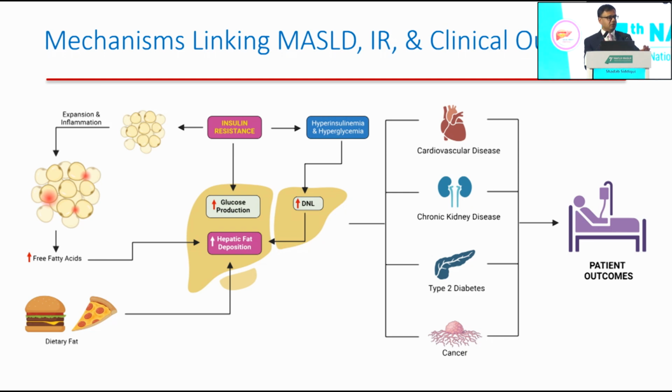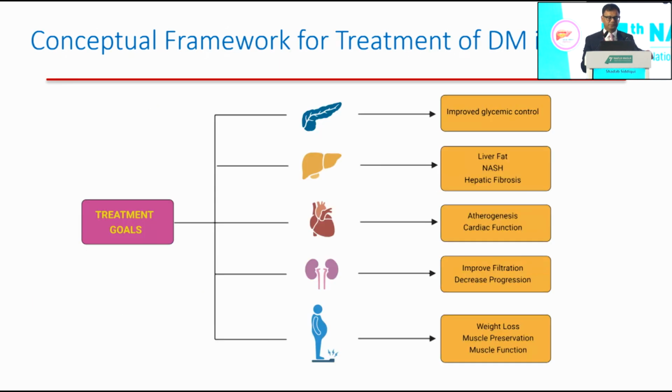And then they also increase the risk of cancer: colon cancer, breast cancer, gynecological cancer, all the cancers that have been shown to be much, much higher in patients with fatty liver disease. And this is what leads to a clinical outcome. It's the relationship between insulin resistance, as Dr. Sanyal had mentioned previously, with liver, heart, kidney, pancreas, and then cancer risk.